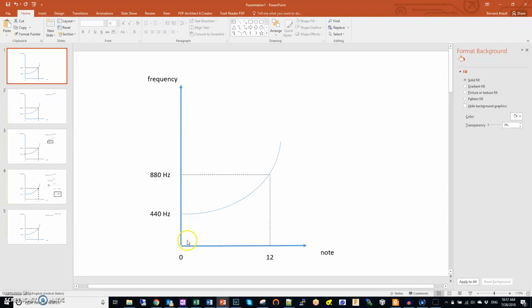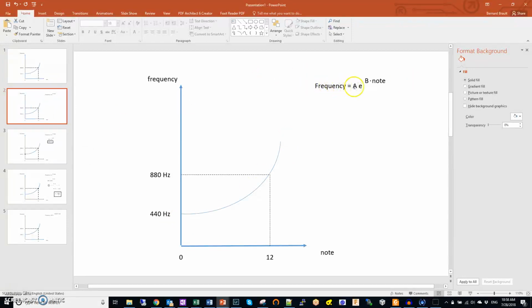We know that the first one, A4, for example, is going to be 440 hertz, and then it's going to gradually, exponentially increase until you hit basically the 12th note, or 13 notes higher, and you're going to be on the second octave. And what we want is this point here to be 880 hertz. The simplest exponential that you could fit through this looks like this.